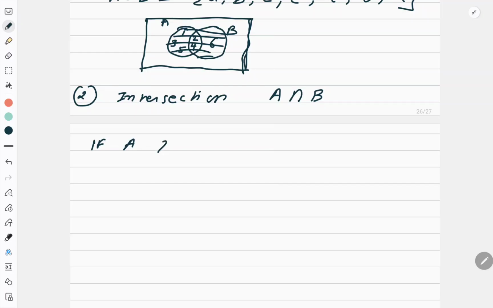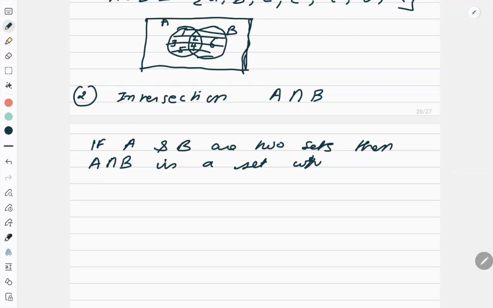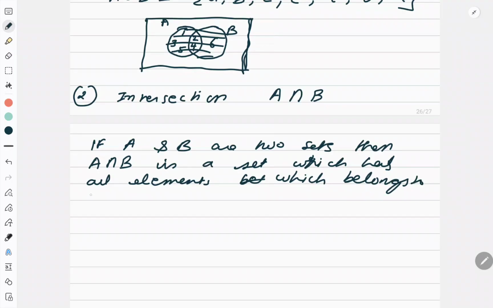If A and B are two sets, then A intersection B is a set which has all the elements which belong to A and B. Compulsory, it should be in both.